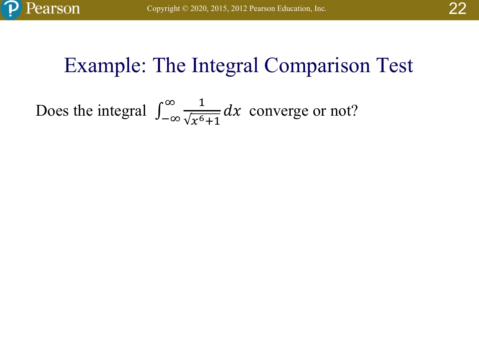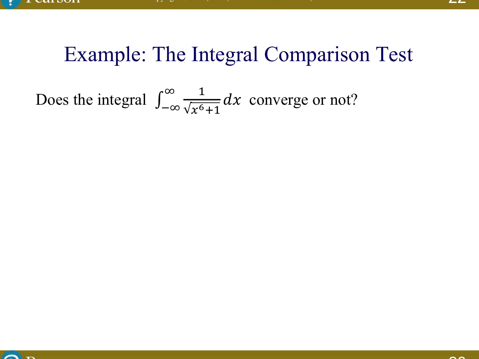Okay, here's another one. What would you compare this one to? So the function square root of x to the 6 plus 1, what would you compare that to? What would you rather do instead?